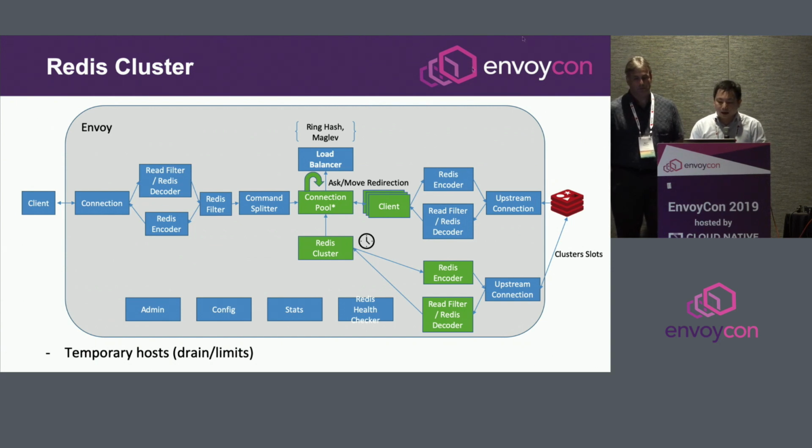Now, on the data pipelines, when we make a request to a Redis node, and then it comes back with either an ask or move, basically redirections, then we will just resend the request to the new node. And if we are asked to redirect to a node that we are not currently aware of, then we'll create a temporary host in the connection pool, and then we'll try to drain those once they are discovered the next time we do the discovery.